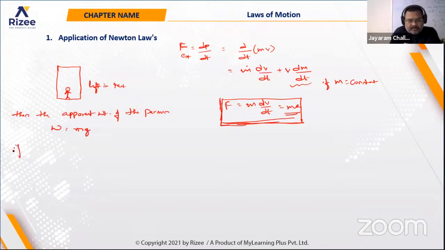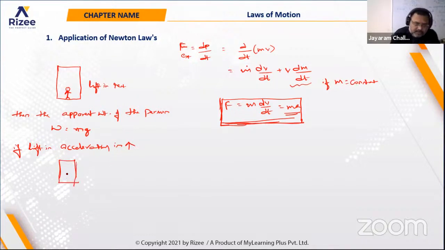Now if the lift is accelerating in the upward direction, then with respect to the ground, or with respect to the accelerating frame of reference, the apparent weight can be written as mg plus ma, or m(g + a).